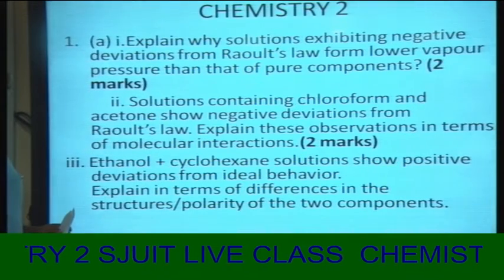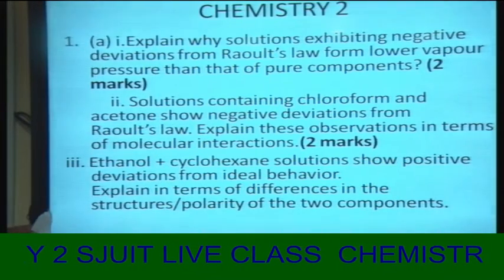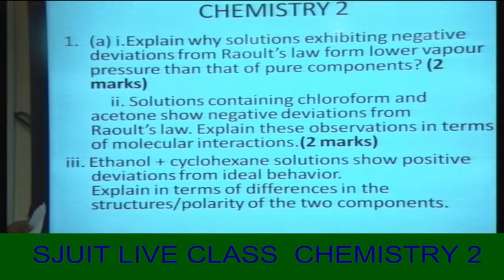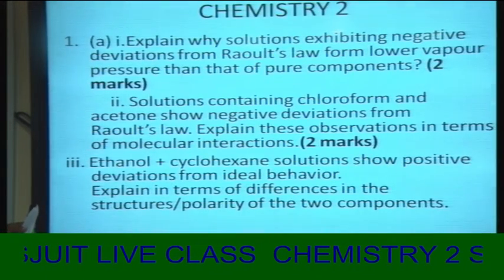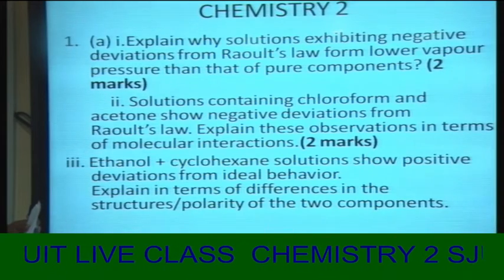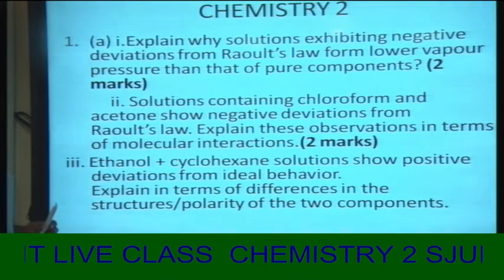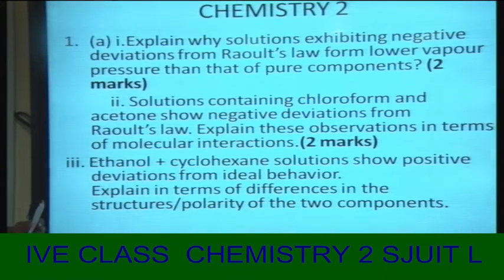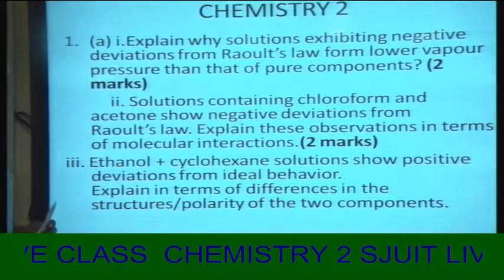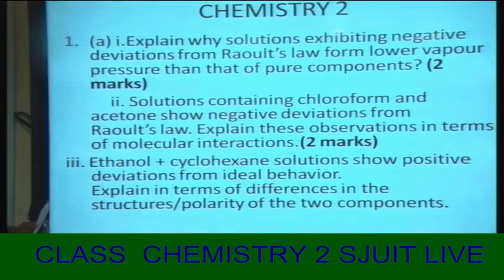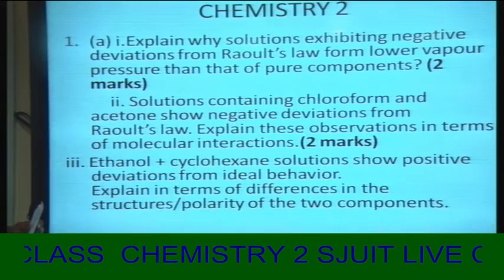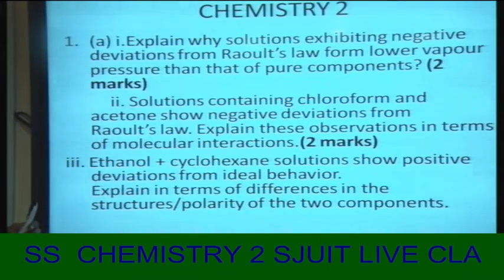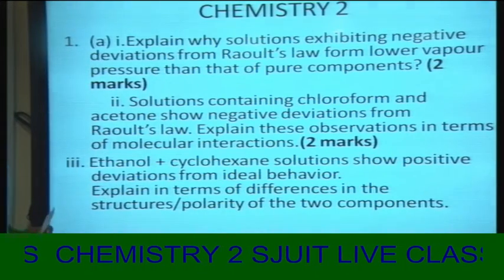Explain this observation in terms of molecular interactions. And item Roman 3 asks, ethanol and cyclohexane solutions show positive deviations from ideal behavior. Explain in terms of differences in the structures or polarity of the 2 components.